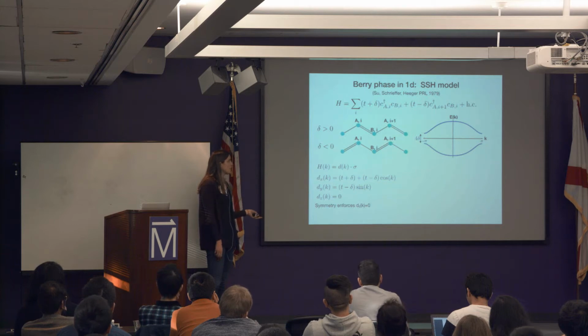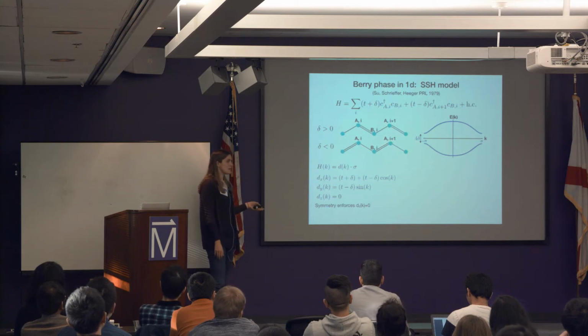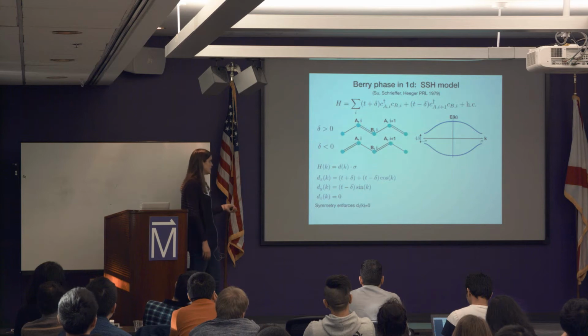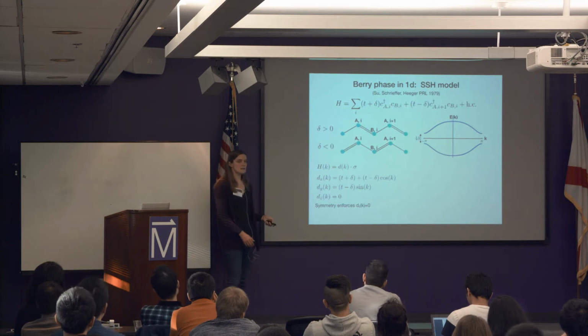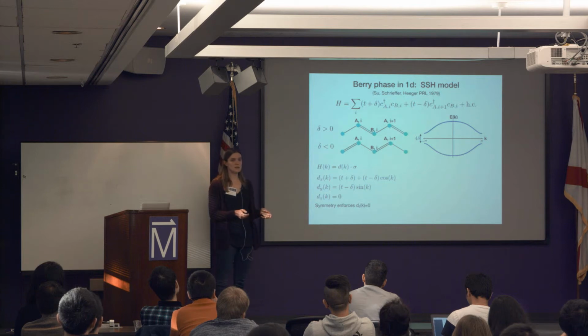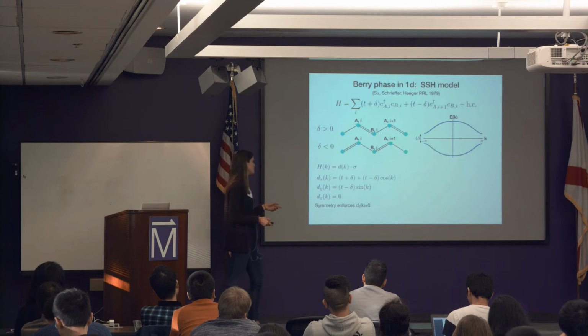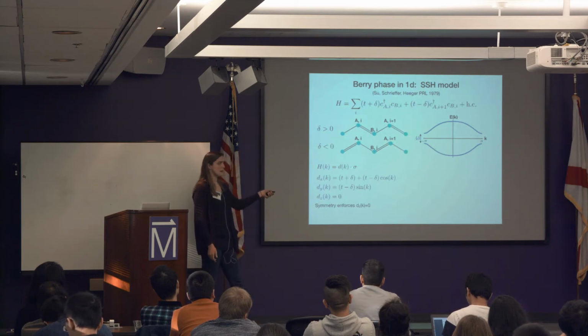So how can we now get a topological invariant out of this? The Hamiltonian here I wrote in this form. We can write it in matrix form. It'll be a 2 by 2 matrix because there are two sites in the unit cell. And a 2 by 2 matrix for a Hermitian Hamiltonian means that we can write it as coefficients of sigma x, sigma y, sigma z, the Pauli matrices.